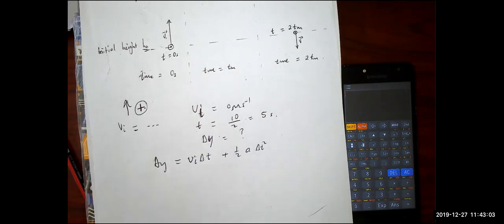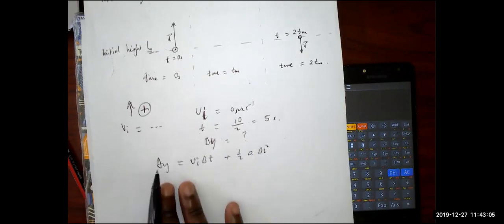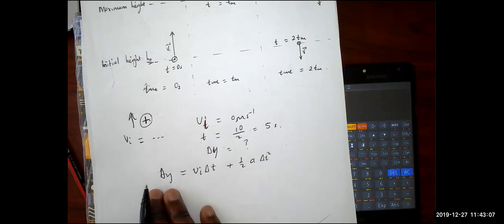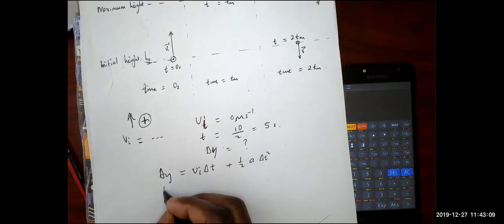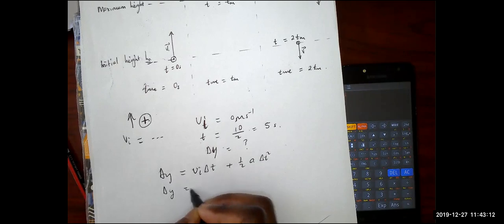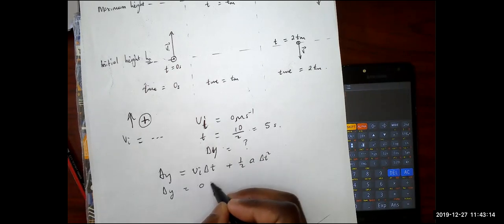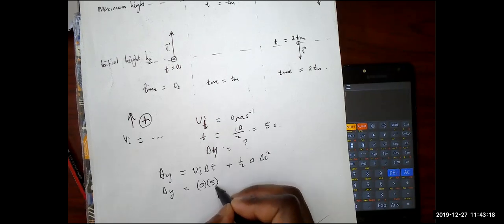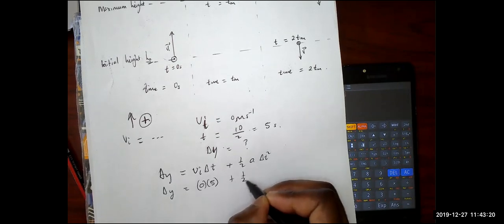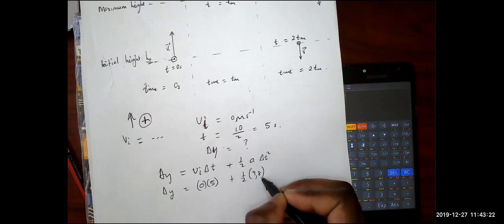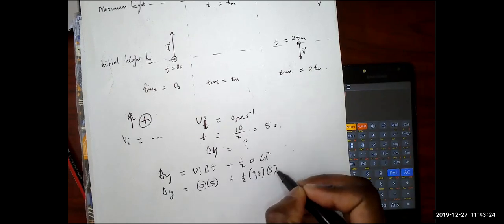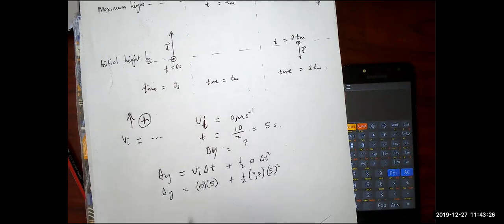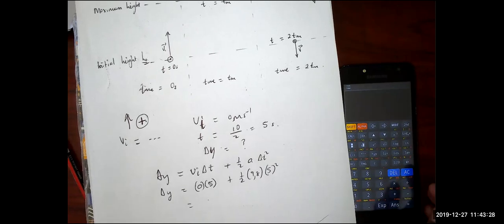Now what is our change in y? We are looking for that. So our change in y is equal to 0 times t, which is 5, plus half times 9.8 times 5 squared. The first term is going to give us 0.